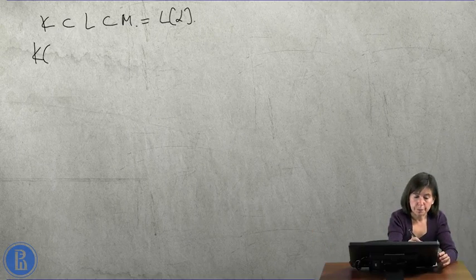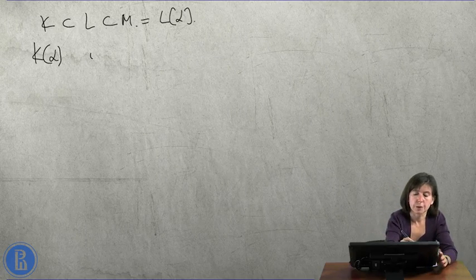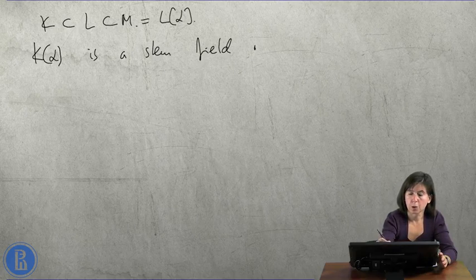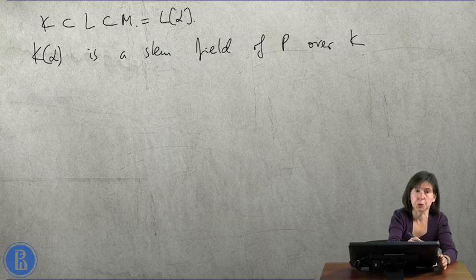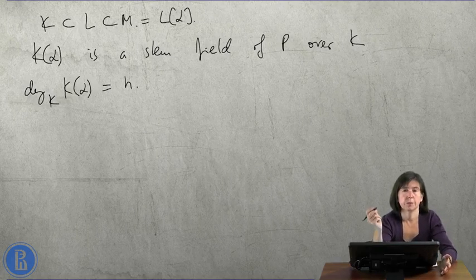So K of alpha. Well, alpha is a root of Q, so it's a root of P. Is a stem field of P over K. So its degree over K is equal to n, the degree of P.